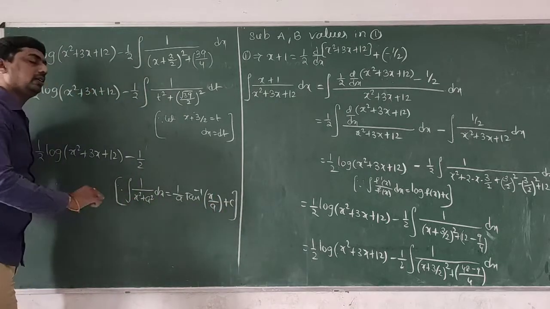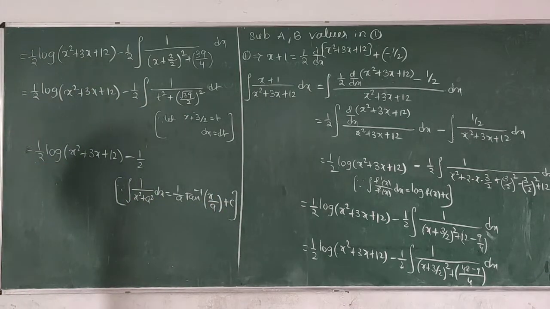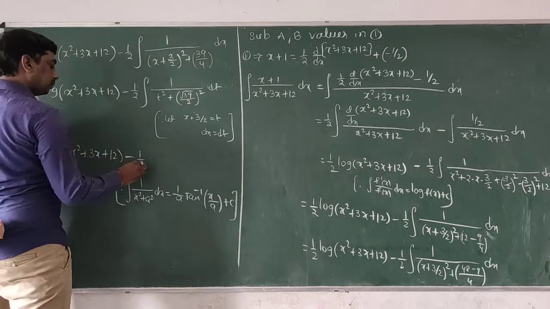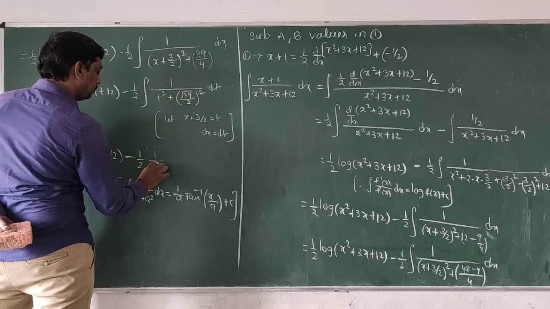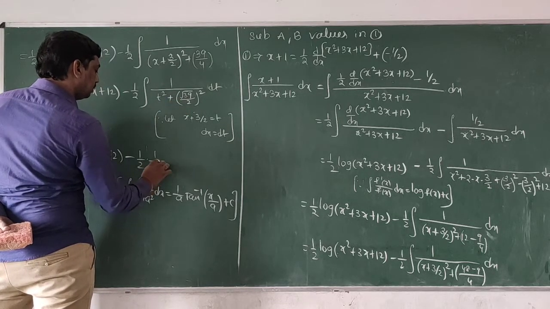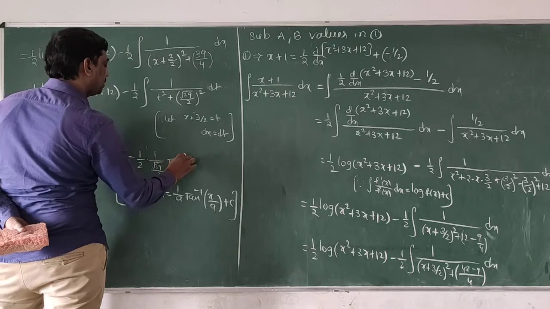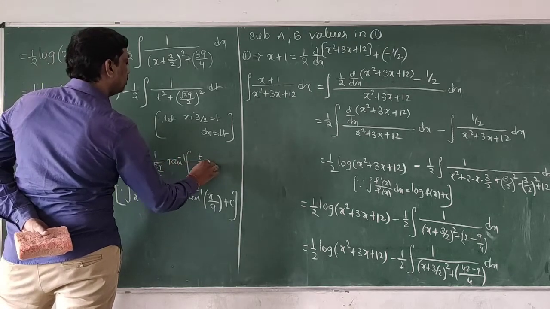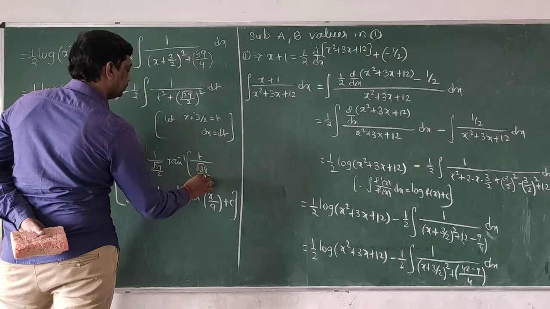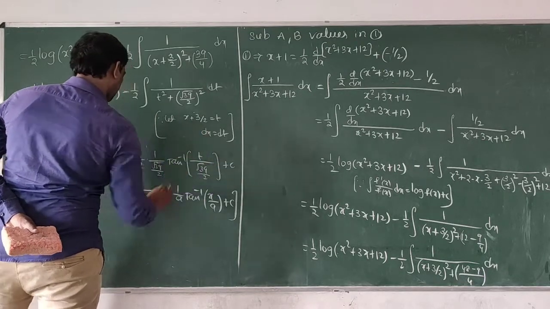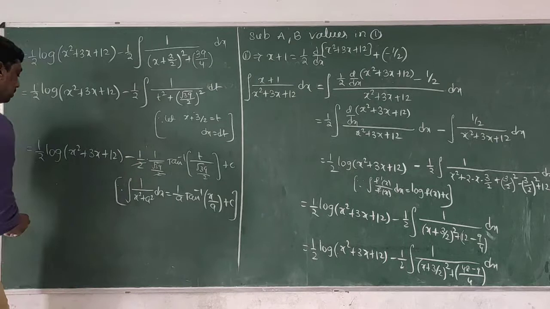If you are perfect in the formulas, then only we can complete the questions. Okay. 1 by a value root 39, right? Tan inverse of x by a, here a means root 39, right? Plus, okay, here 2 to get the answer.